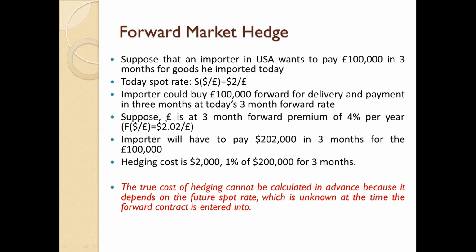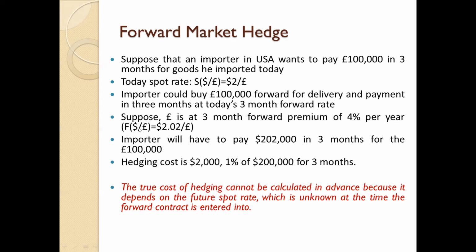Right? So when he enters into the agreement, in the market, the pound is at a 3-month forward premium. So at the time of the agreement, the pound is at a forward premium of 4% per year. Then you can calculate the forward rate, right? This is per annum, per year. For 3 months, you know it is 1%.